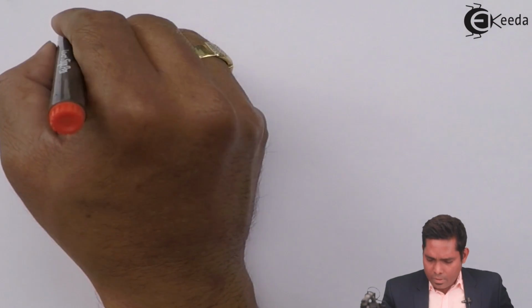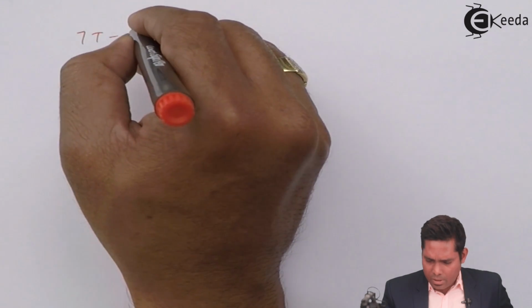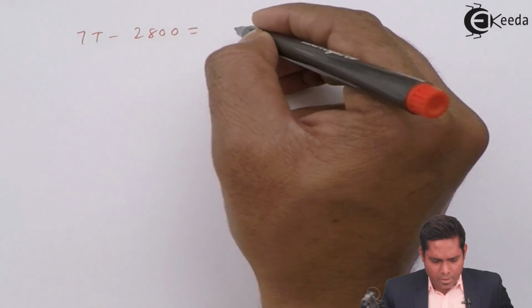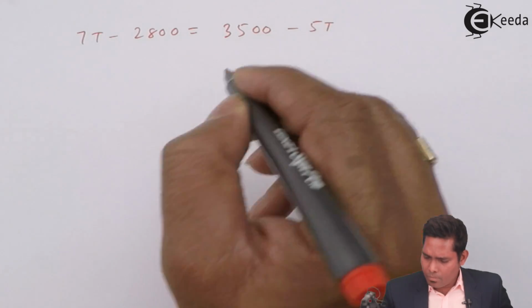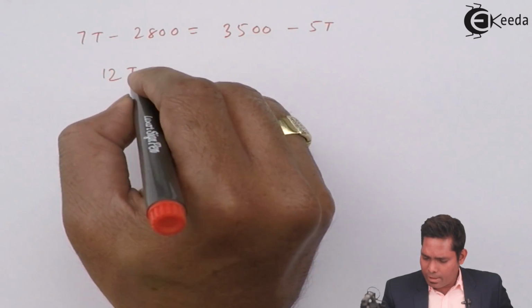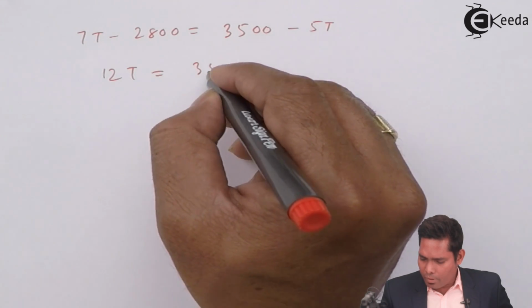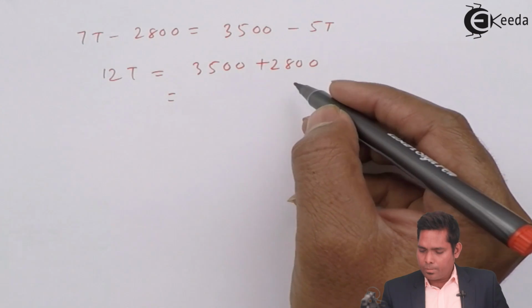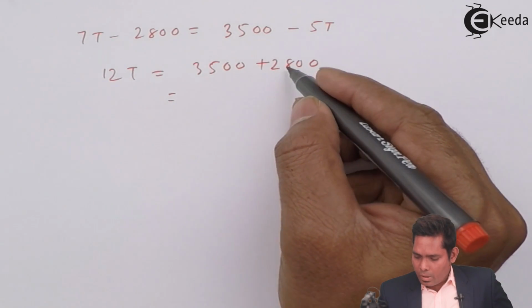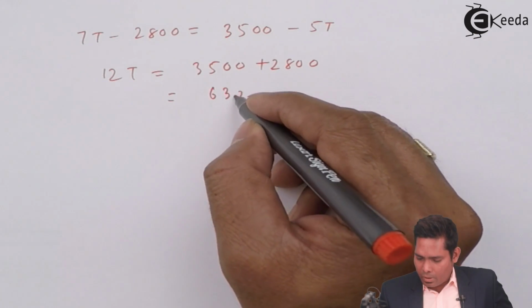So we have 7T minus 2800, and that is 3500 minus 5T. If this comes to this side, it's 12T equals 3500 plus 2800, which is 6300.